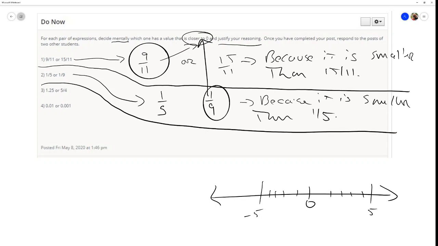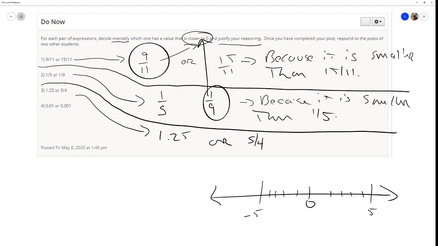Number 3, 1.25 or 5/4. That's interesting. 1.25 would be the same as, so if I have $1.25, that means I could have a dollar bill and a quarter. So that would be $1 and 1/4.